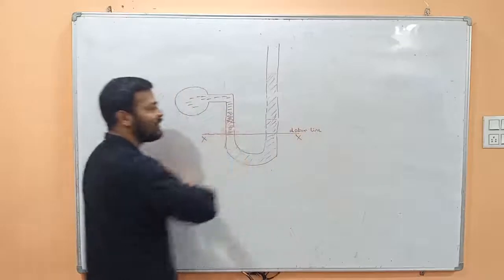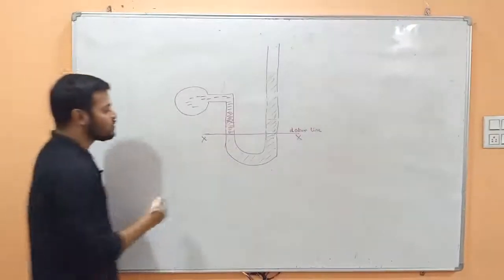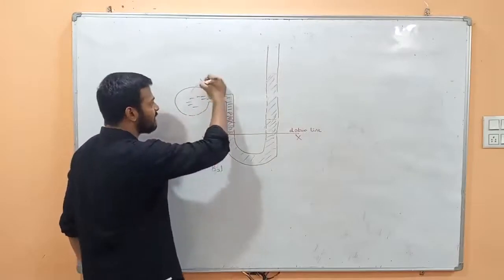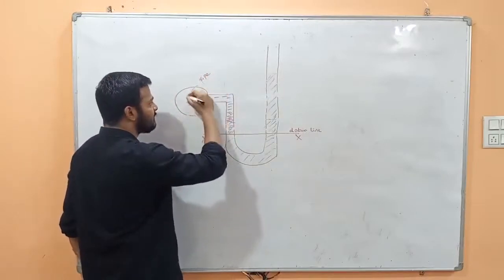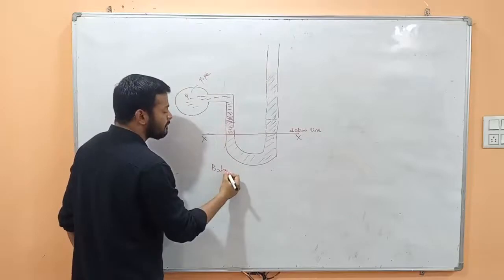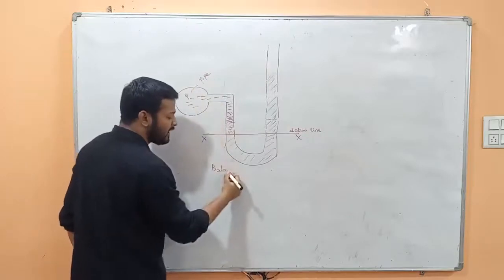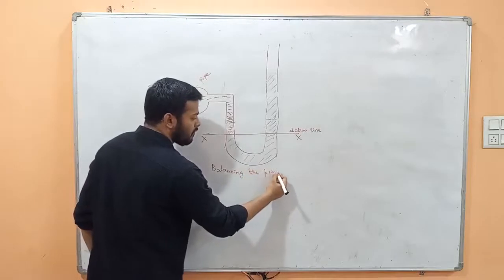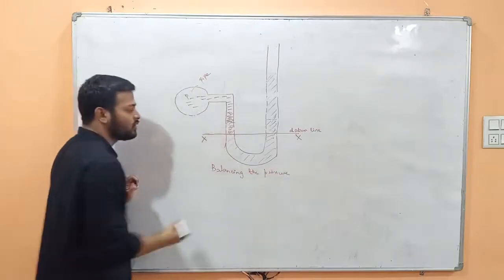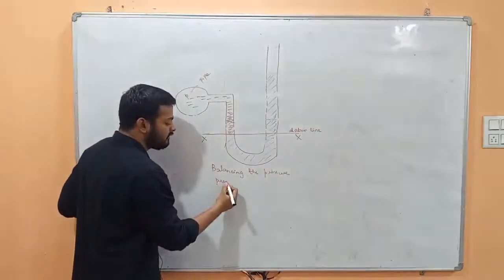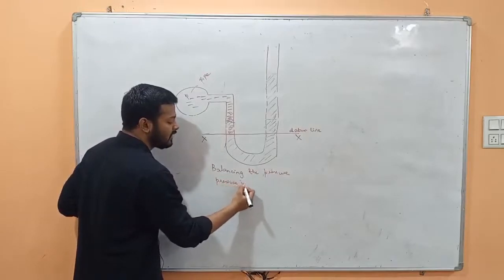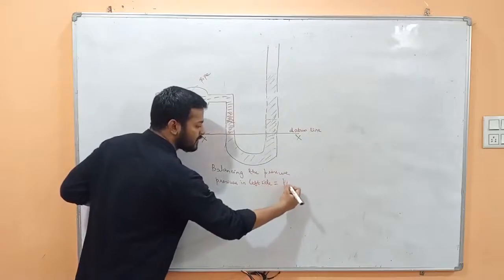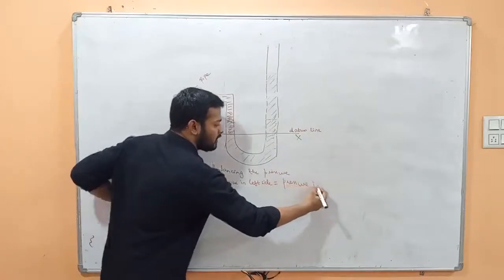Now I have to balance the pressures on both the sides. Balancing the pressure will give me the value of pressure in the pipe. This is a pipe, so there will be pressure due to the liquid in the pipe also. So balancing the pressure: pressure in the left side limb is equal to pressure in the right side.